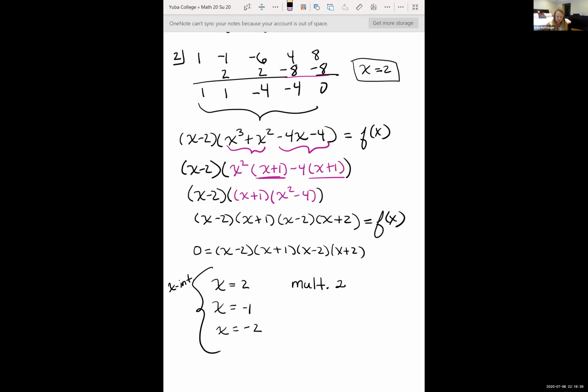And so multiplicity, if it was an even multiplicity, that told me that it was just going to touch the x-axis there. And then the odd multiplicity told us that it was going to cross the x-axis.